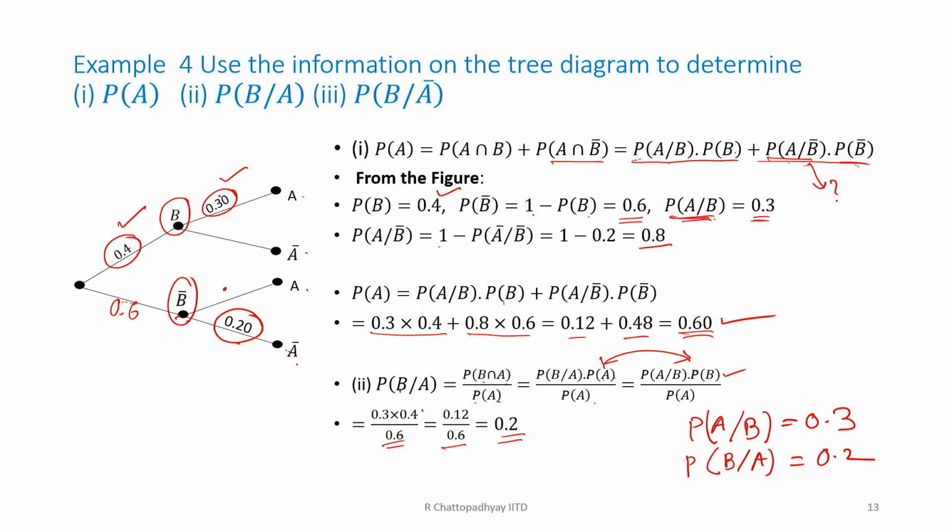So what is written here, already given, is P(A given B), which is 0.3. And we have to find out, given that it is A, what is the probability that it is B?